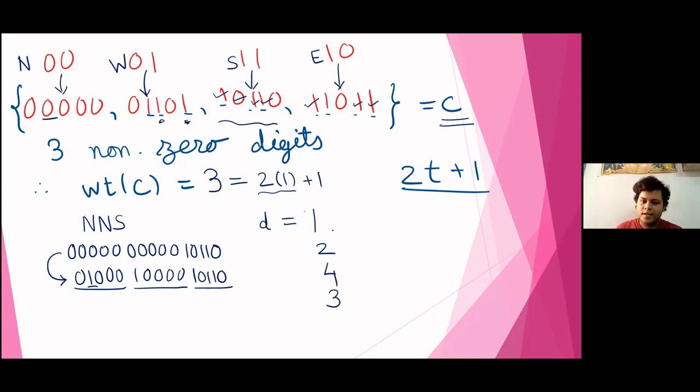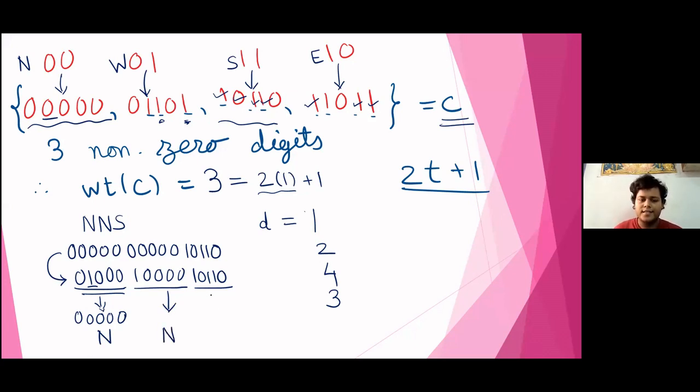So now observe that this code word has minimum distance with 0, 0, 0, 0, 0. So we conclude that this message was supposed to be 5 times 0. And 5 times 0 means north. So this is correctly concluded. Again, in this one, in a similar manner, we can conclude that this is north.